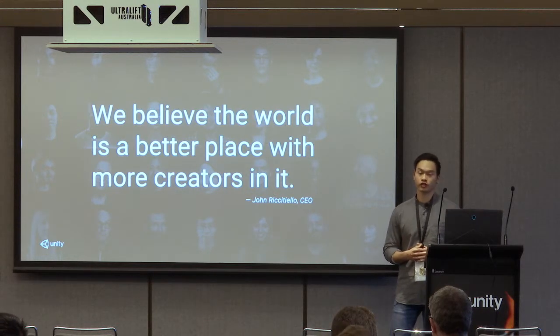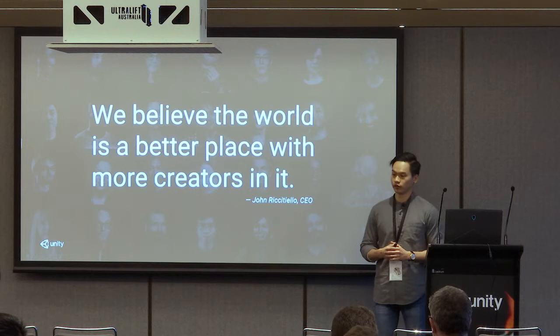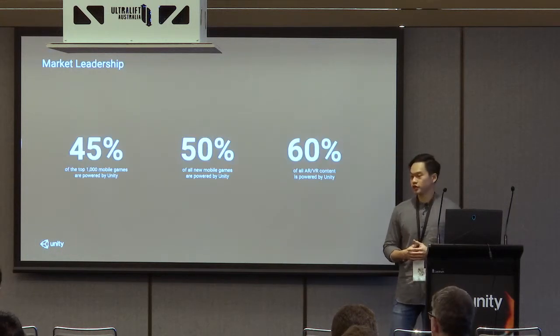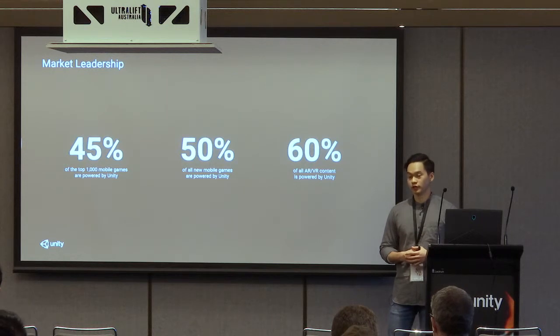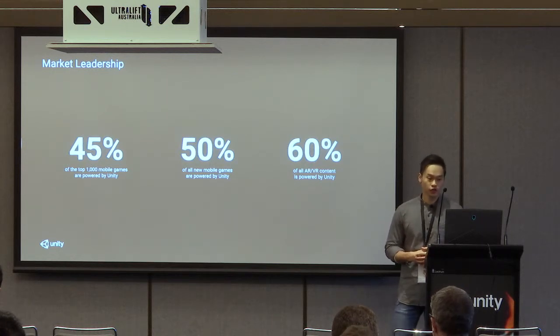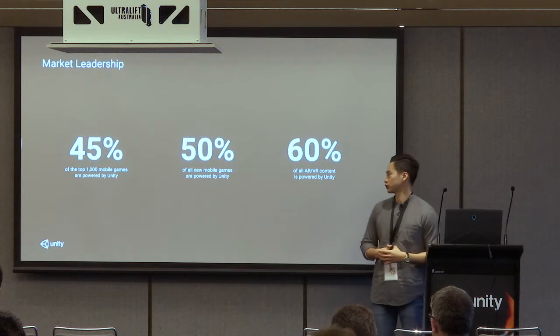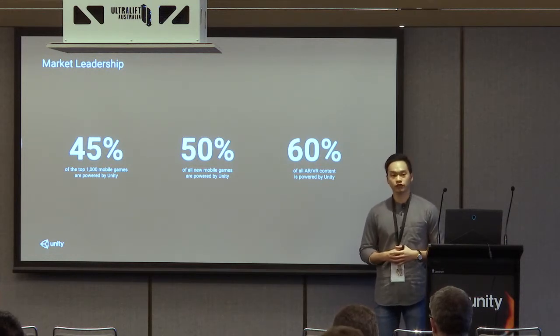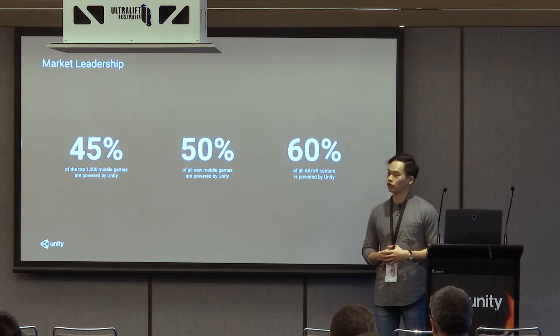And I mean, take a look at all the cool technology that we have in the world right now. And I leave you to be the judge at the end of this session, but I think we've done a pretty good job. So 45% of the top 1,000 mobile games are powered by Unity, 50% for all new mobile games, and for all AR and VR content, 60% of it right now is actually made with Unity as well.